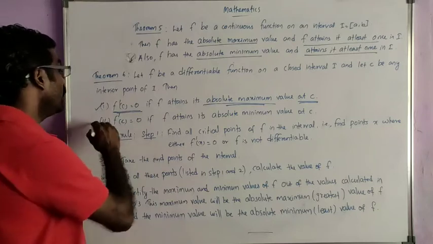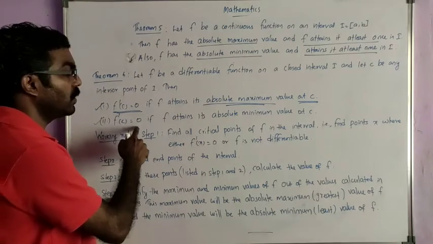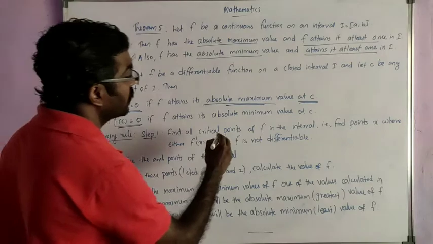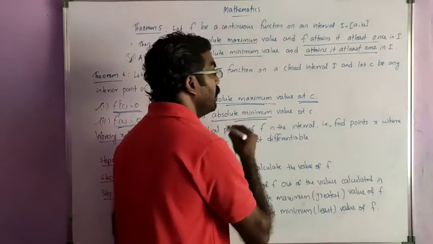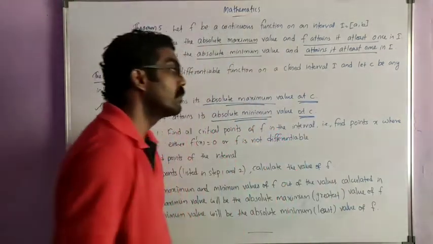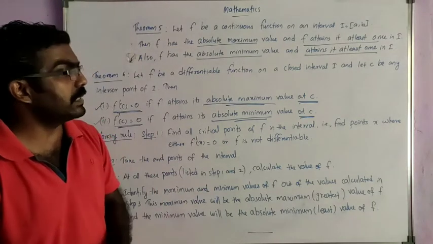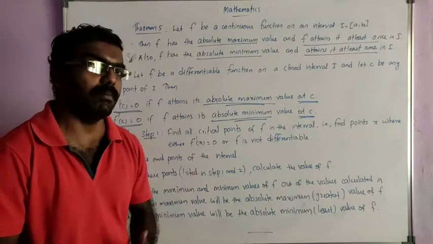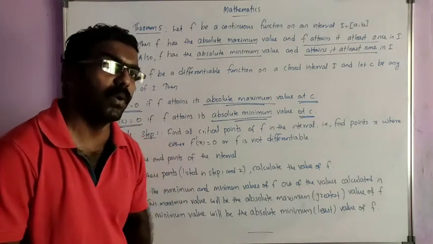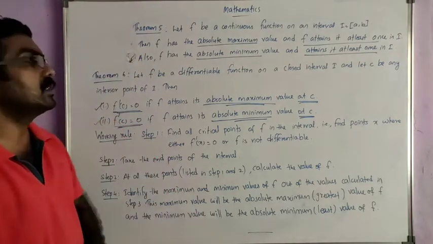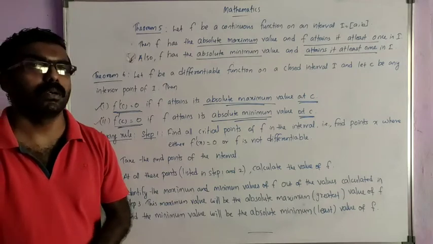Clear? Similarly, f dash of C equal to 0 if f attains its absolute minimum value at C. So generally we can say f attains its absolute maximum or absolute minimum value only when f dash of C is equal to 0. Clear?